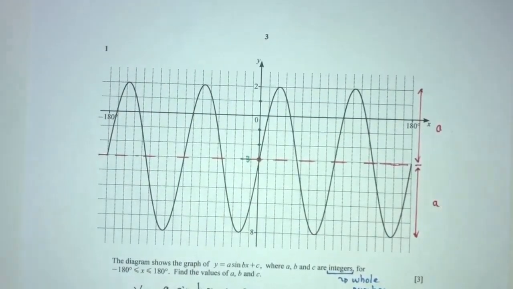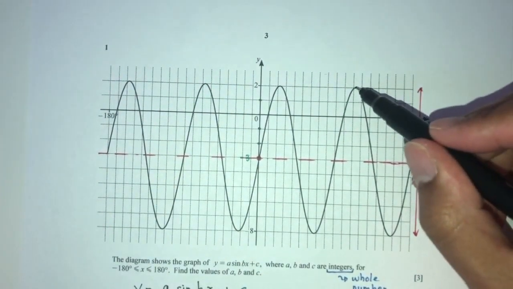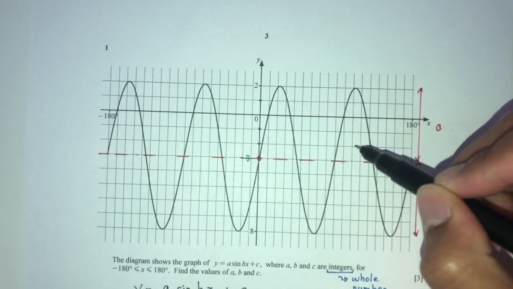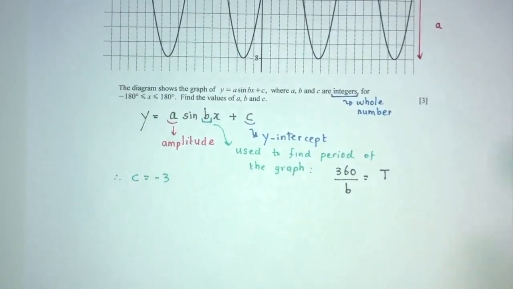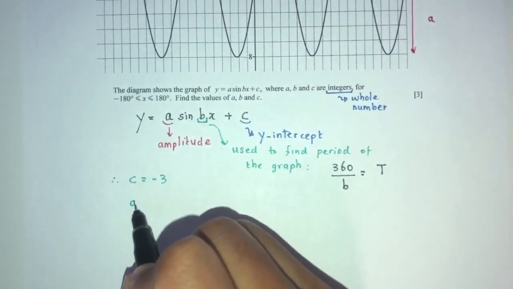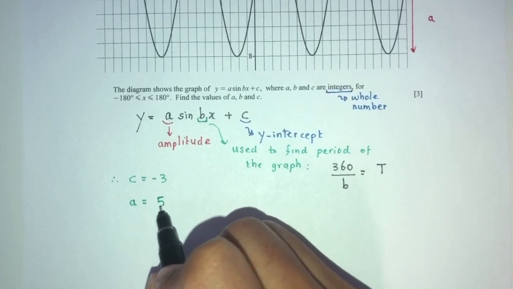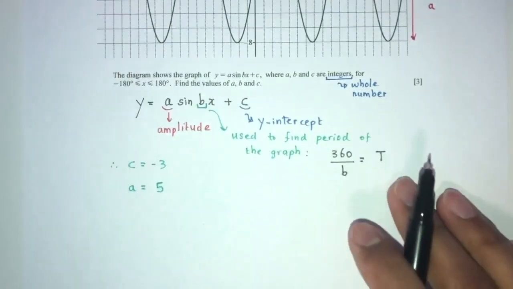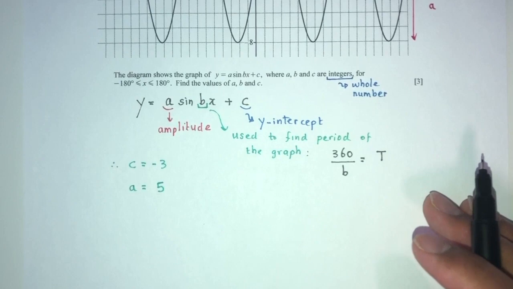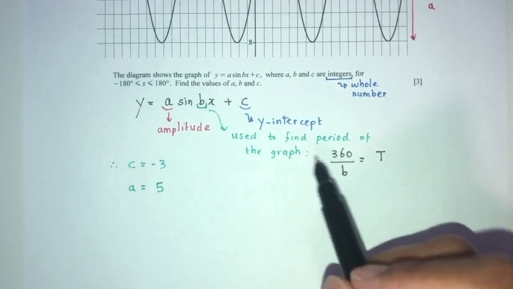Let's count that distance: 1, 2, 3, 4, and 5. So from observation again, we derive the value of a to be 5. Right now we have a and c, so we have to find the value of b.